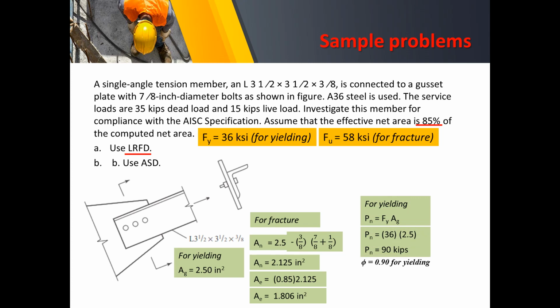For the factored resistance, you just multiply 0.9 by your nominal load Pn. Therefore, we have φPn equal to 81 kips. That is for yielding.